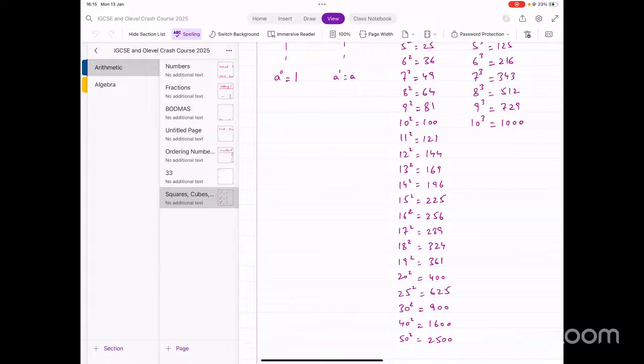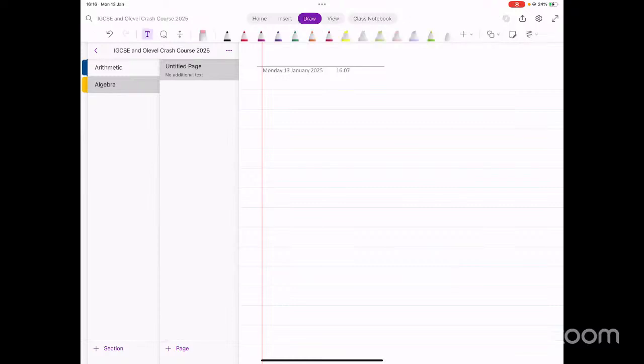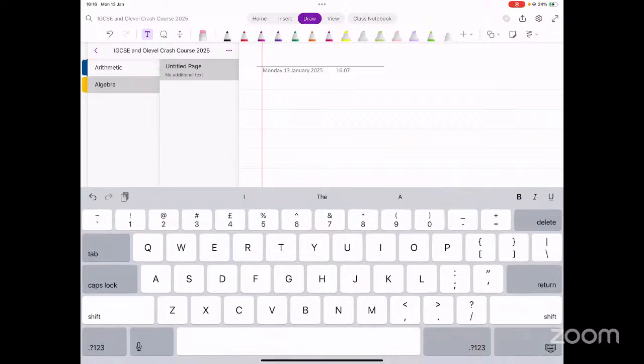Okay. Now, let's start with the next major concept that we've got, and that's algebra. Now, before we deal with algebraic expressions, there are some indices rules that you need to know of because they often come in handy when we are dealing with algebra, because a lot of times you have to simplify expressions that might look like this, for instance.